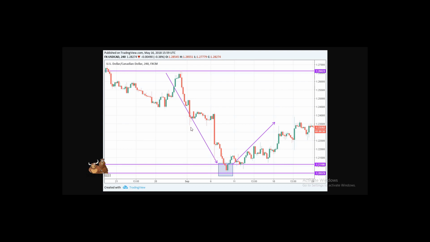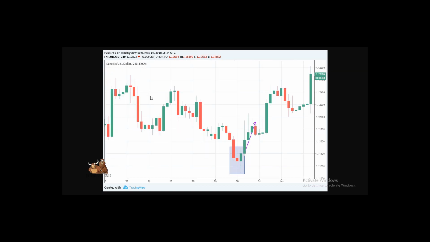The very obvious resistance here is these two lows at around 123.50. If you close your profit there, we are talking about more than 200 pips profit, of course, if you are patient.